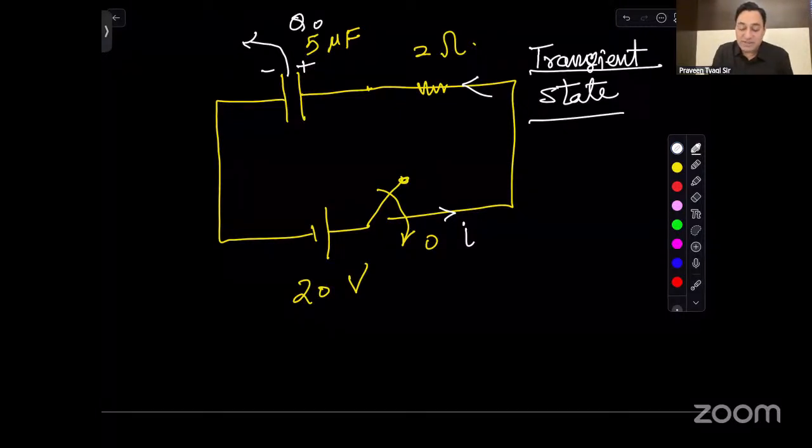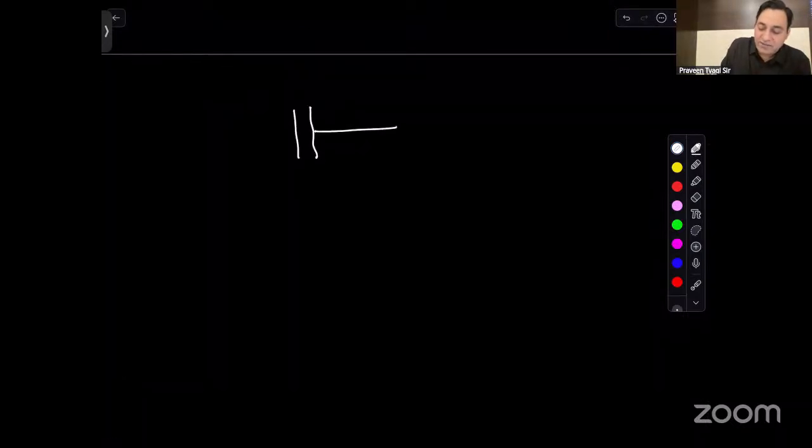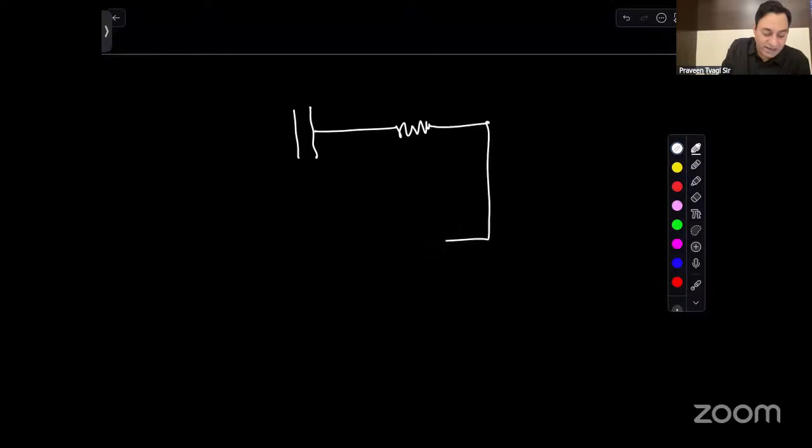So a capacitor doesn't allow current to flow after it is fully charged. Before that, some current flows very quickly till it gets charged. Let's try to understand this in general terms. Suppose I have a capacitor, a resistor, and a battery of EMF, say E.